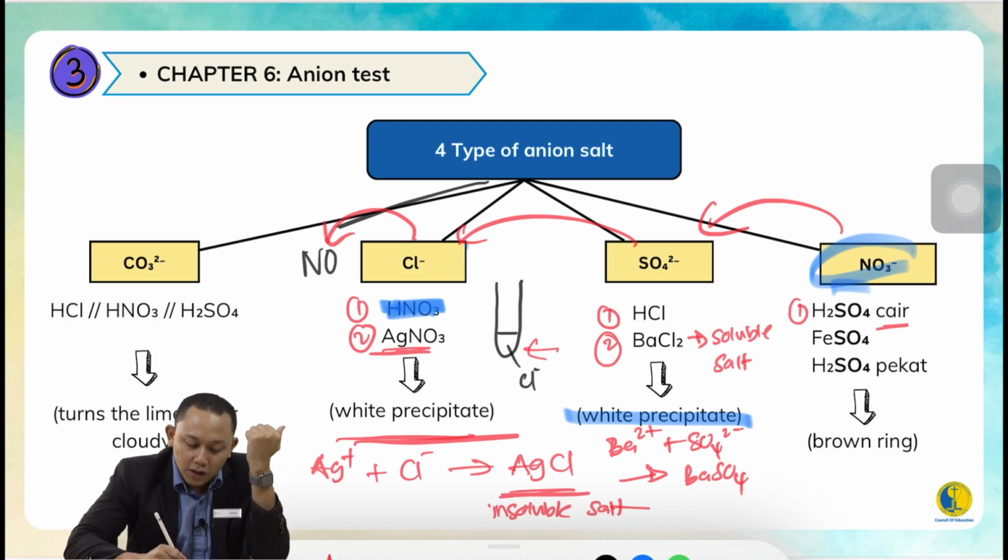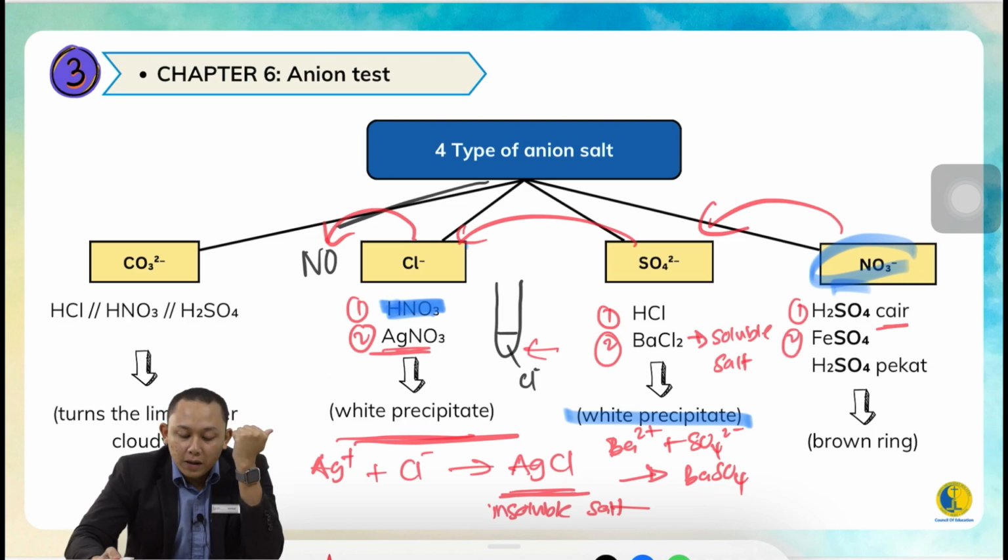And then you need to add iron(II) sulfate. This one contains three steps. The first step is acid, the second is iron(II) sulfate, and then the next one you need to add concentrated H2SO4. But there is a method for how to add the concentrated acid.